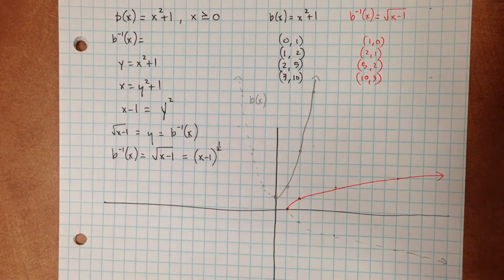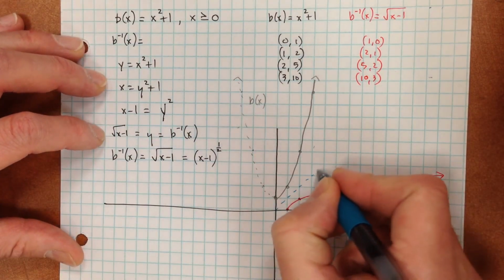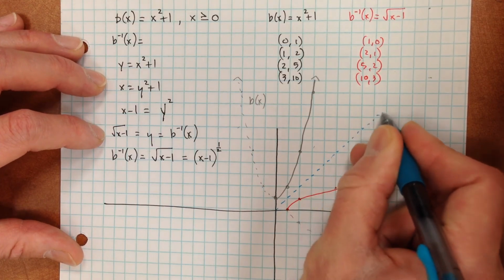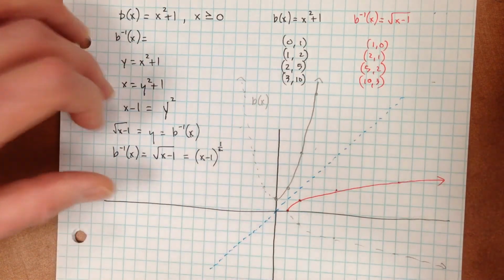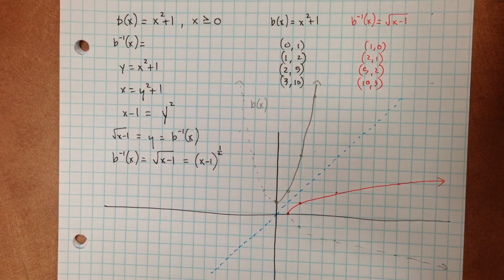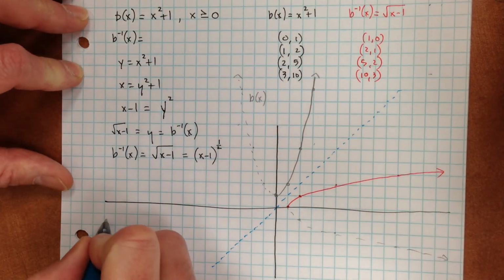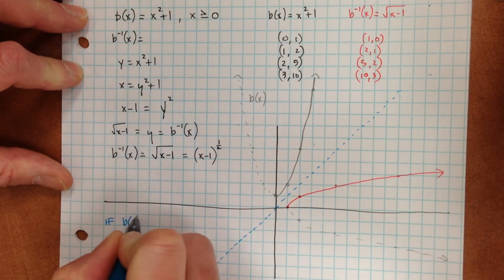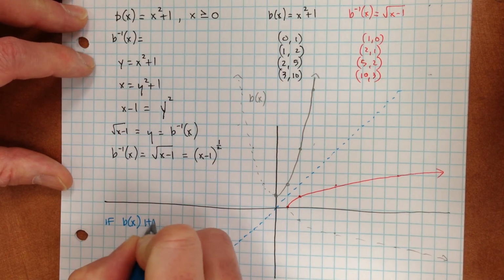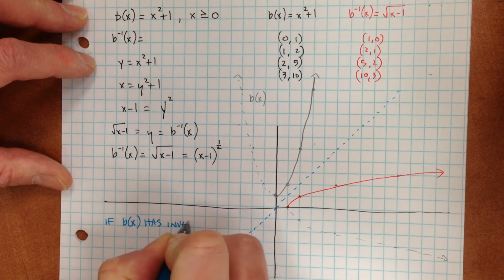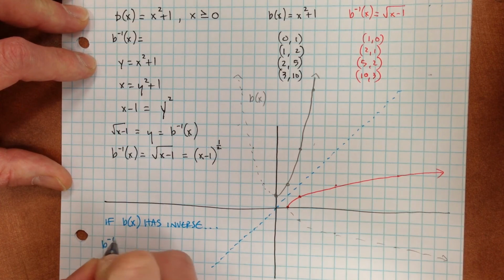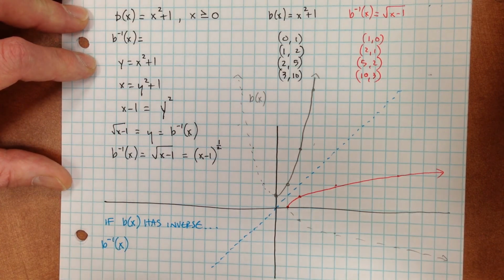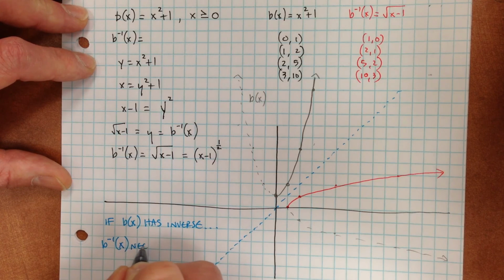Now the reflection over the line x equals y holds true, and the function and its inverse are both truly functions. You can't call it a function if it's not a function. So, to put this into words, if b of x has an inverse, the inverse, b inverse of x, needs to be a function.